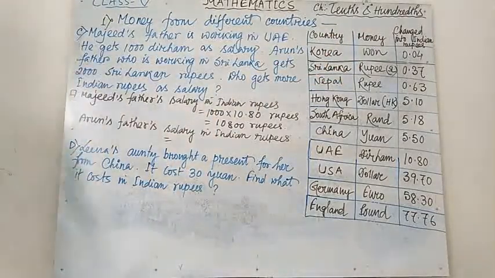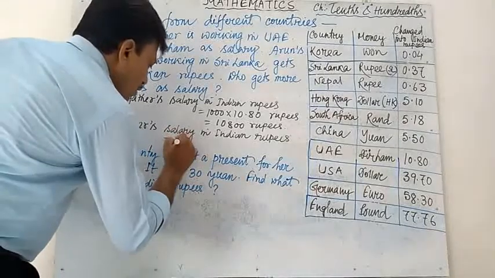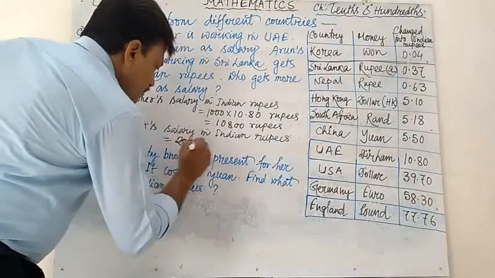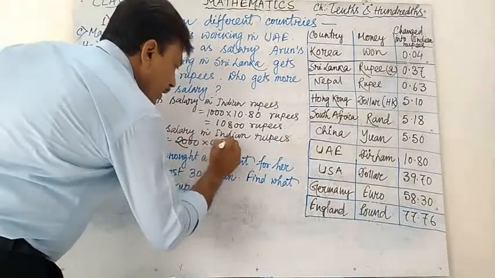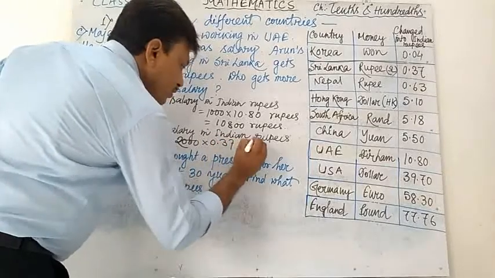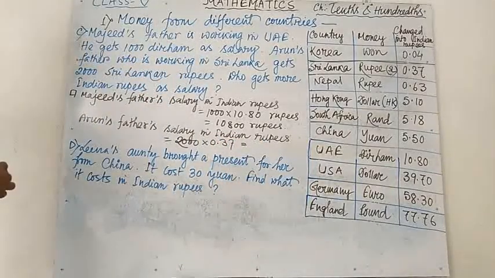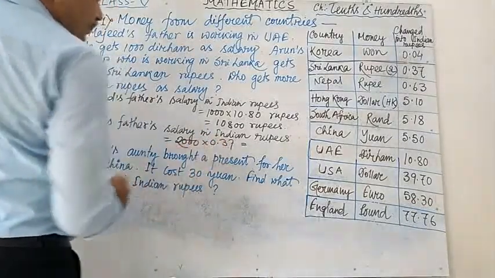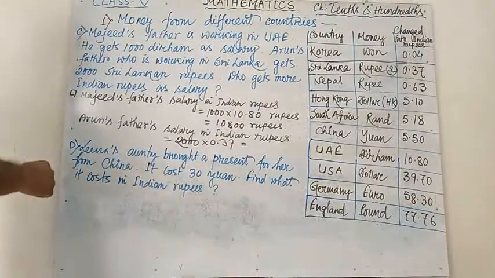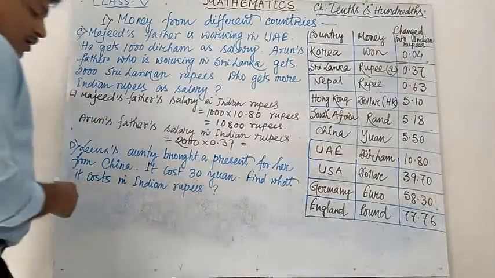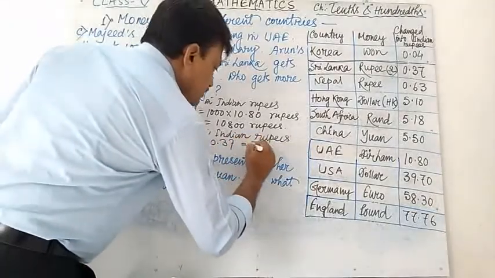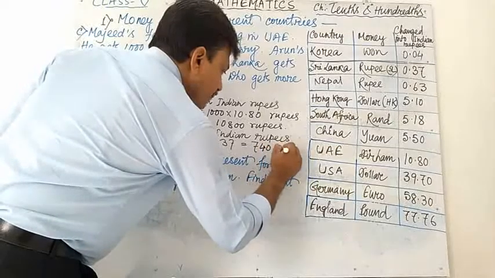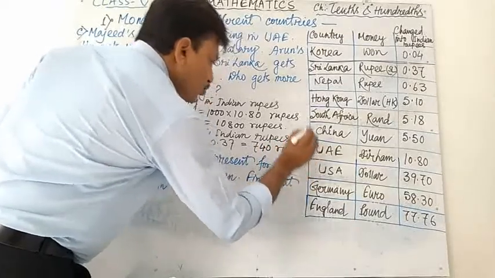So 2000 Sri Lankan rupees is 2000 into 0.37, which equals, if you multiply, 740 rupees.